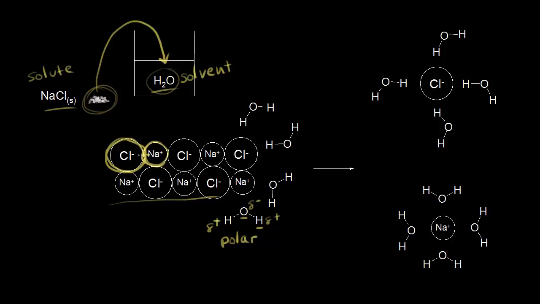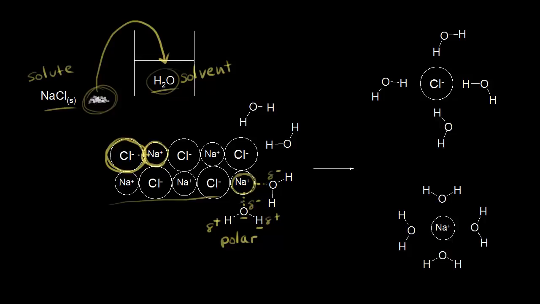And the negative charge on the oxygen is going to interact with the positive charge on the sodium, right? Opposite charges attract. So we have one water molecule here attracted to this sodium cation, and this water molecule would do the same. So partial negative charge attracted to the positive charge on the sodium.